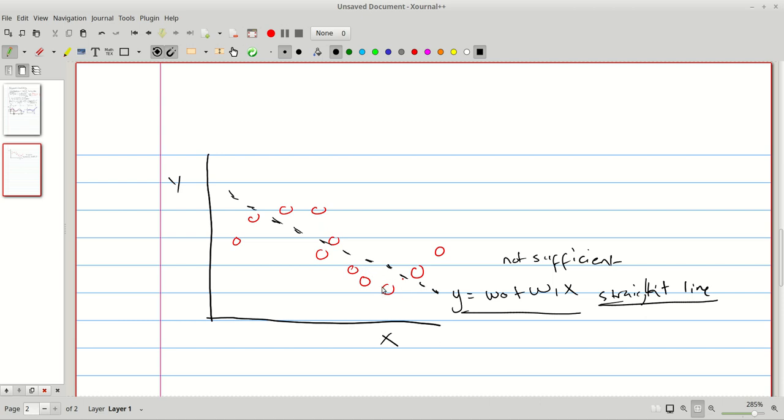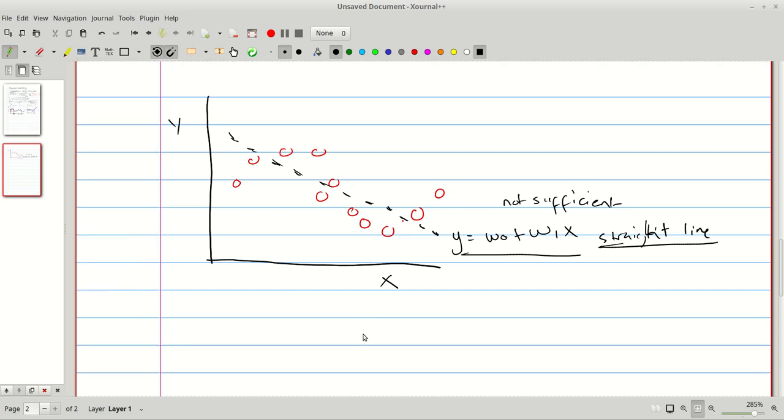So up to what polynomial factor should we go? Because you might think of this as, okay, we can say y equals w0 plus w1x plus w2x squared plus w3x cubed, and so on, let's say up to x to the power m, whatever.